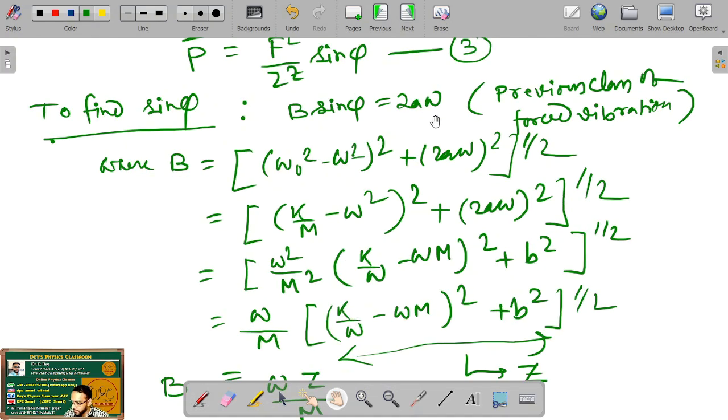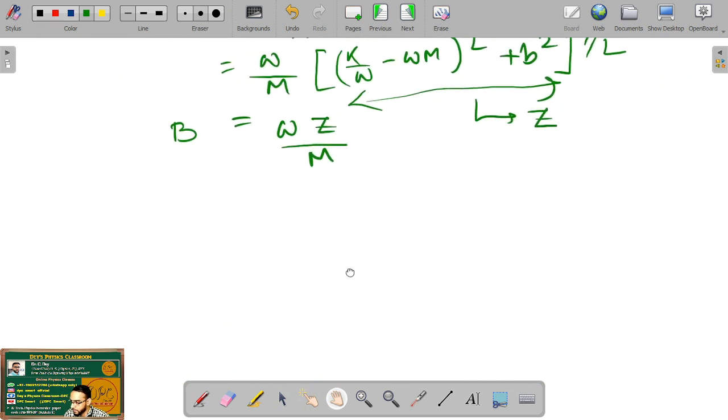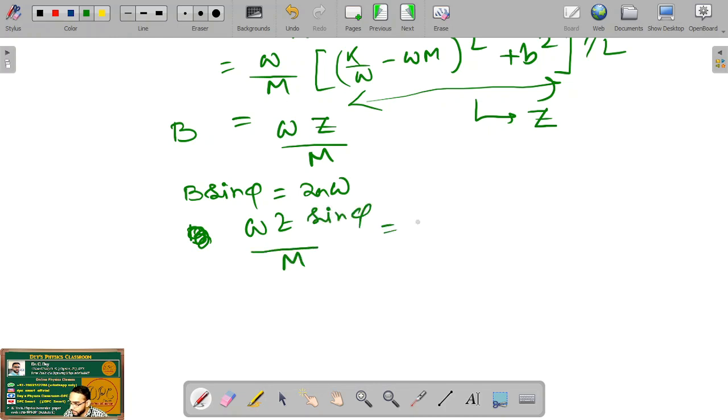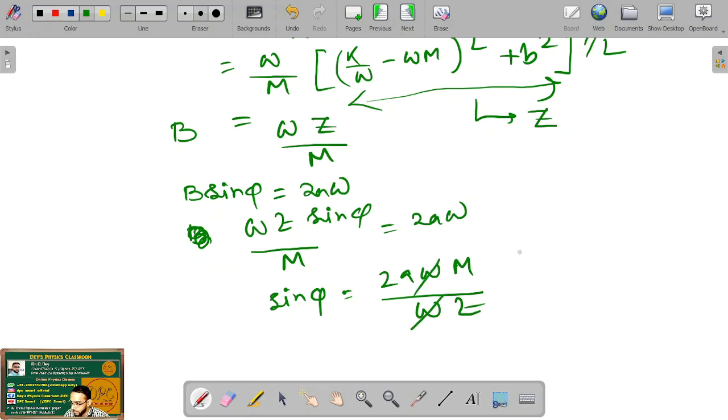So B sin phi equals 2a omega, so we put B there, we get B sin phi equals 2a omega, or omega Z into sin phi by M equals 2a omega, or sin phi equals 2a omega m by omega Z. Omega cancels out, equals 2a m by Z. Again, in the solution of the differential equation of forced vibration in my previous lecture, I have taken B by M equals 2A.